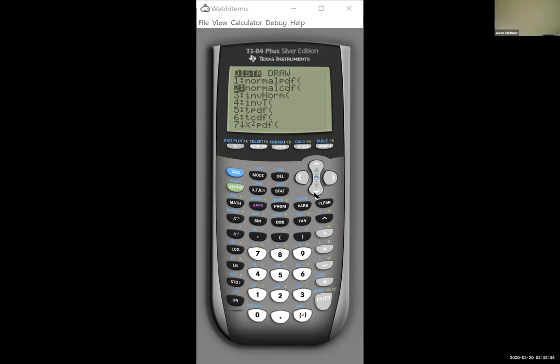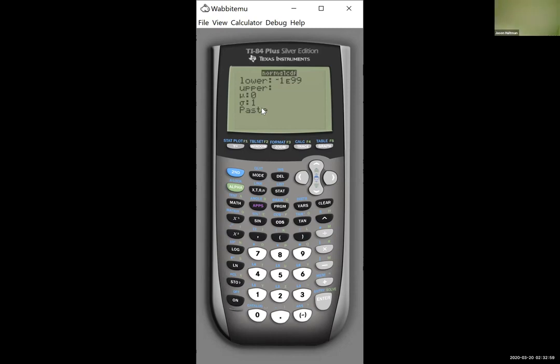Okay, I'm going to hit enter. And it tells me, okay, now if I have a newer calculator, it's going to give me this. If you have an older calculator, you just put in all these values, and you just put in 4 values with commas if you have an older calculator.